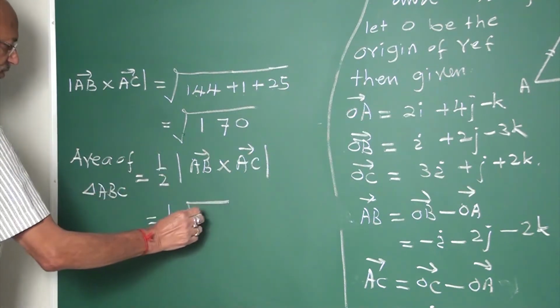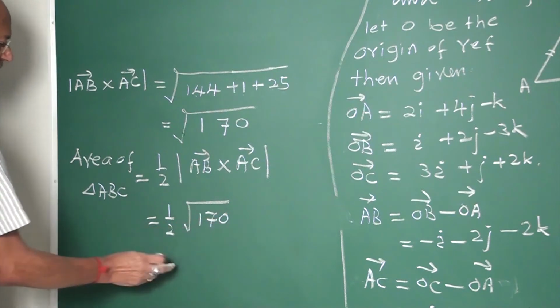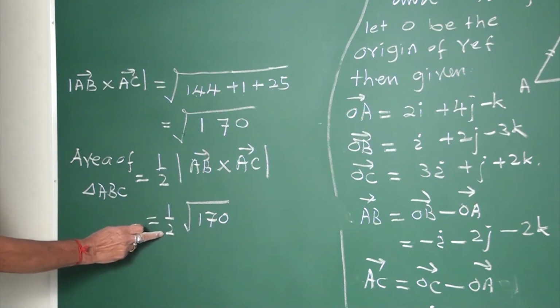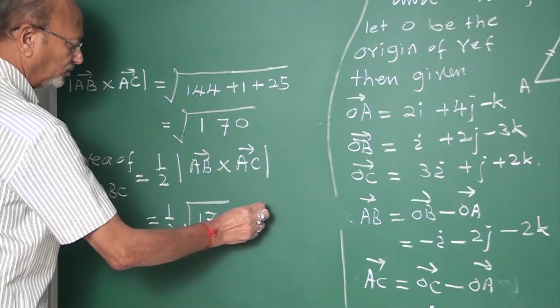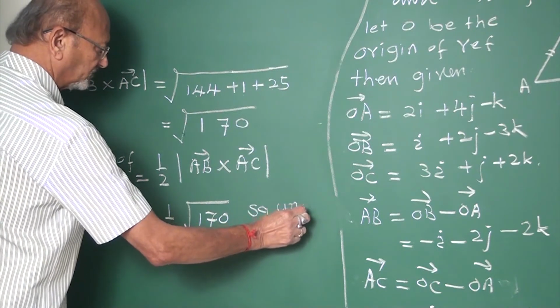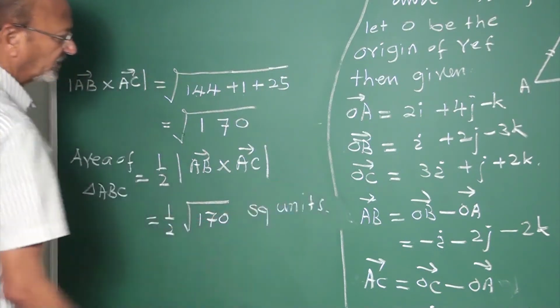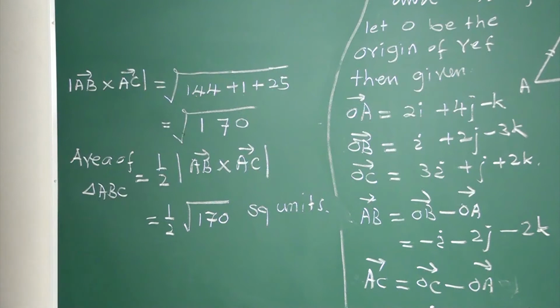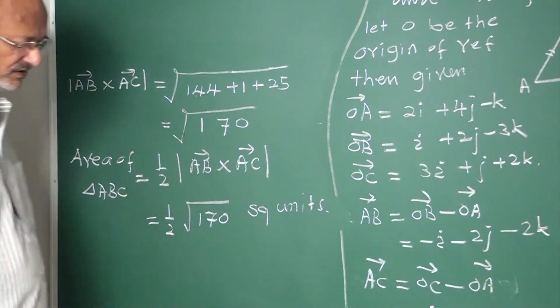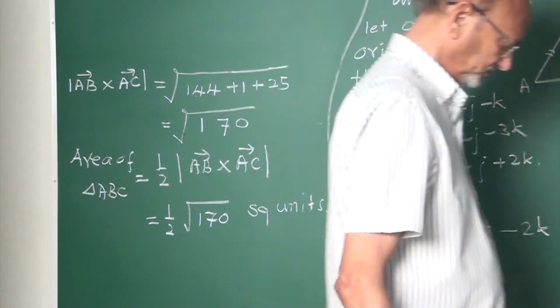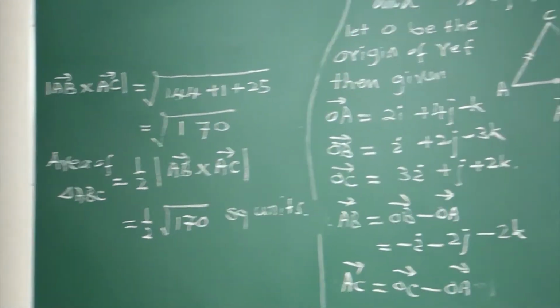This is square root 170, or square root 170 upon 2 square units. This is the area of the triangle ABC. Yes, my friends. Copy it.